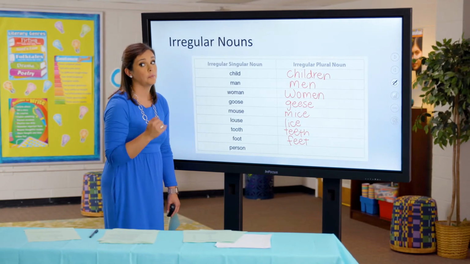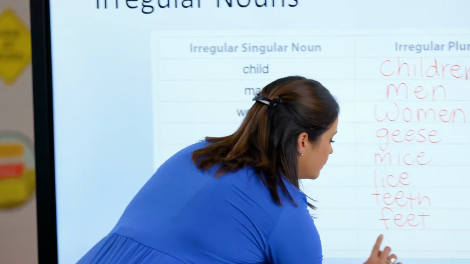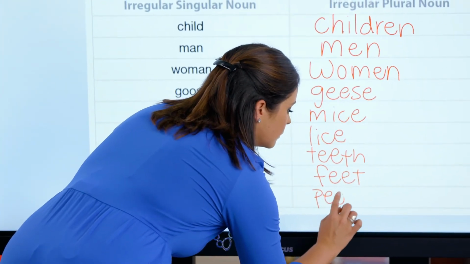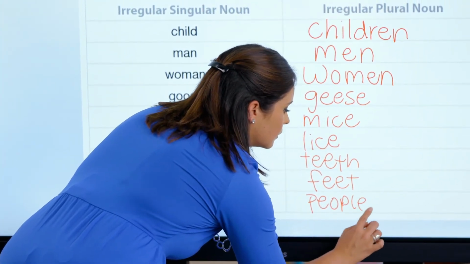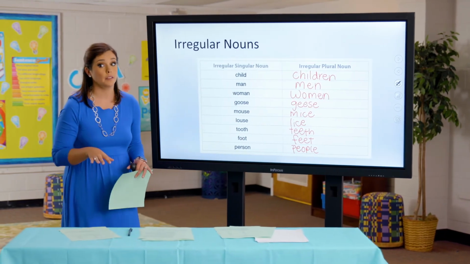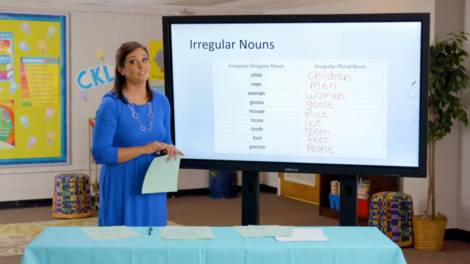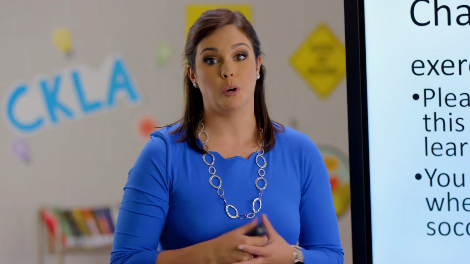The plural form of person is people. So remember, irregular nouns don't follow normal spelling patterns, and we just have to memorize how to spell the plural forms of these nouns. Now we're going to talk about our challenge words for the week.